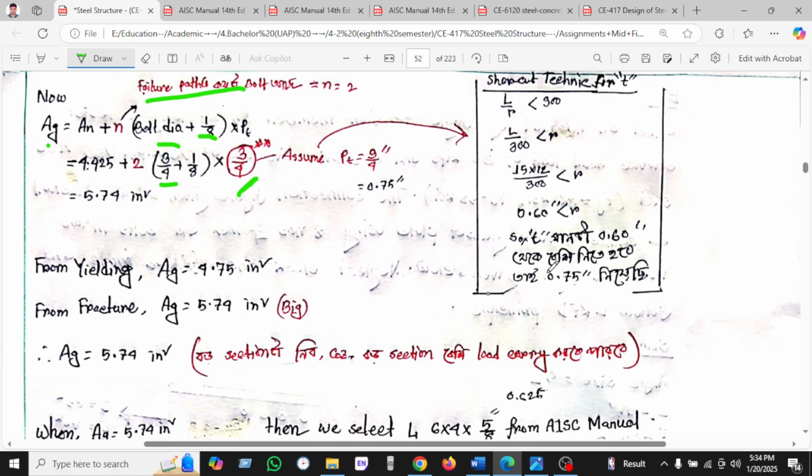So 0.60 is less than 3/4, and 3/4 means 0.70.